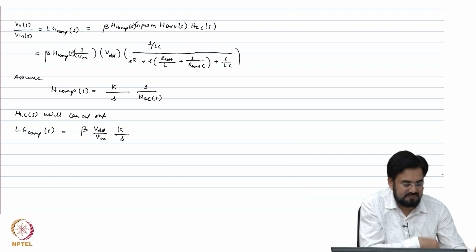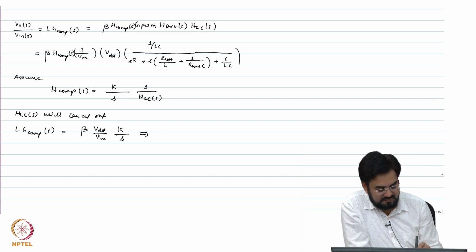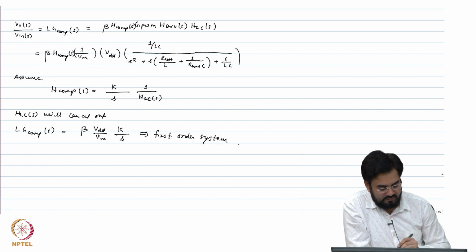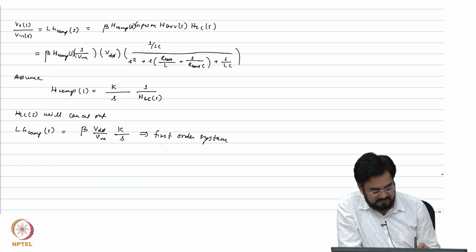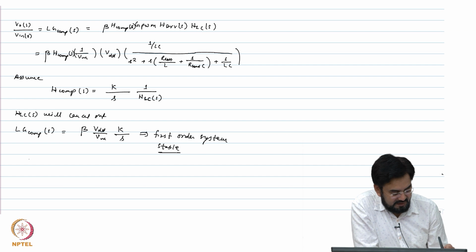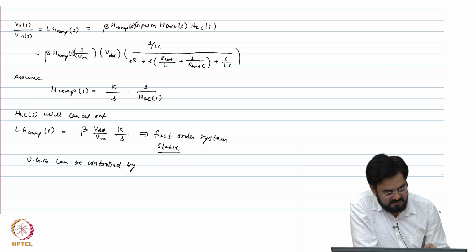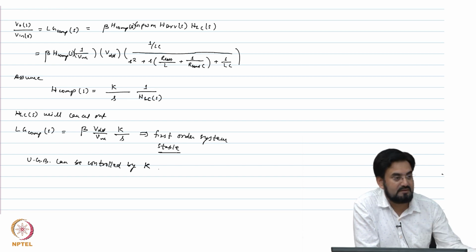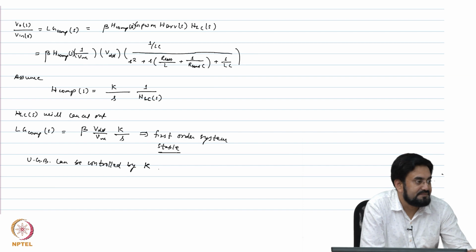So, this is a first order system, so stable, and UGB can be controlled by K.